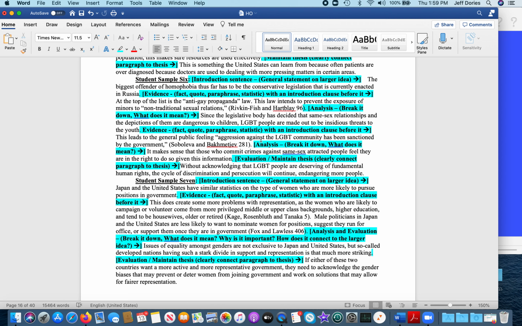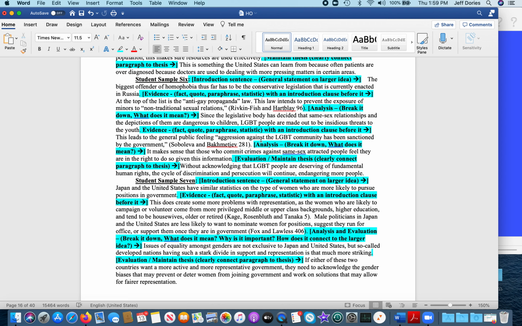Introduction sentence. If you read this, you should know what the paragraph's about. The biggest offender of homophobia thus far has to be the conservative legislation that is currently enacted in Russia. Okay. That is general enough. And it's a statement. Once you read, you know what the paragraph's about. I would say it's edging right up to something that needs to be cited, but it's not.